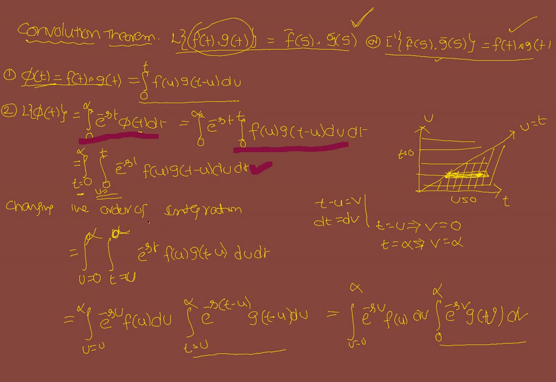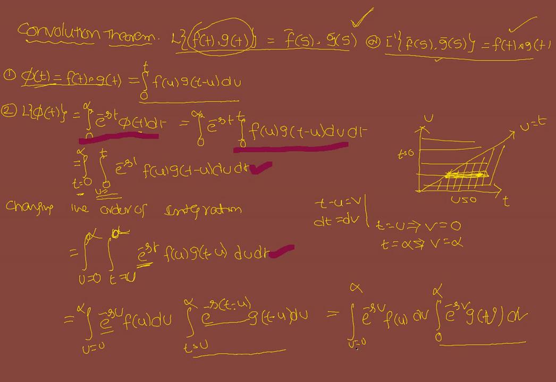Next one, changing the order of integration, you will get like this. Changing the limits, you will get like this. Therefore here, in place of e power minus st, I have written e power minus su and e power minus s into t minus u, because t minus u is there.